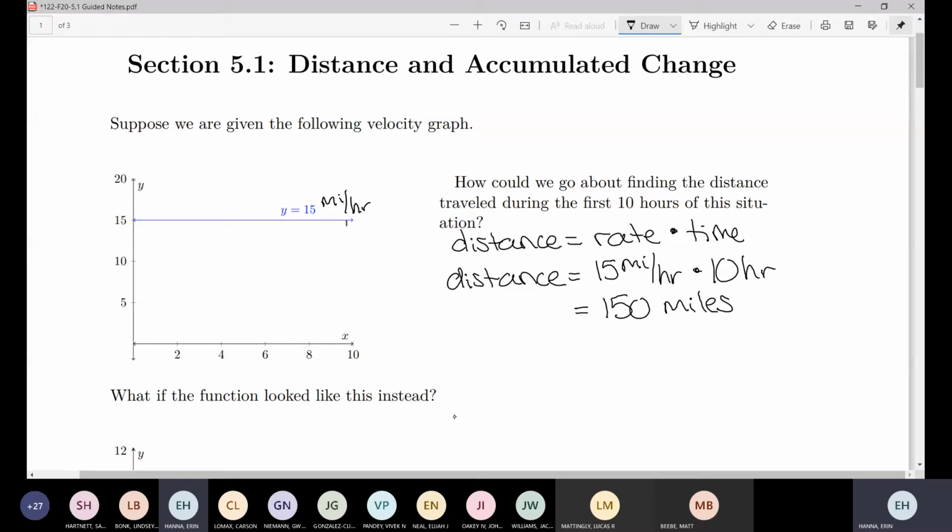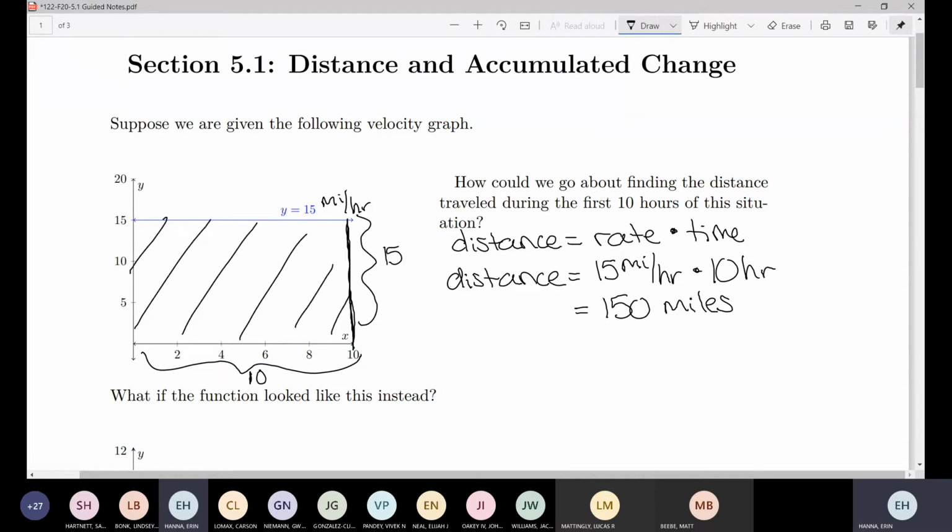So think about this. We're cutting this off at 10 hours. Here we've got a length of 10, and here we've got a length of 15. Well, if I multiply those two numbers together, which is exactly what I did over here, that also technically finds the area of this rectangle that graph forms.